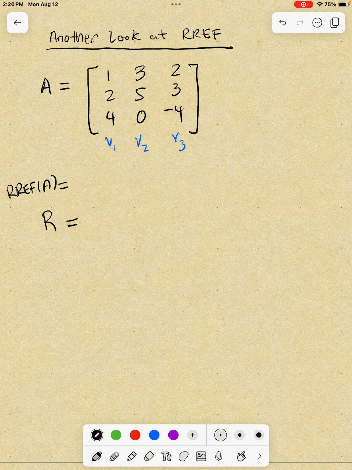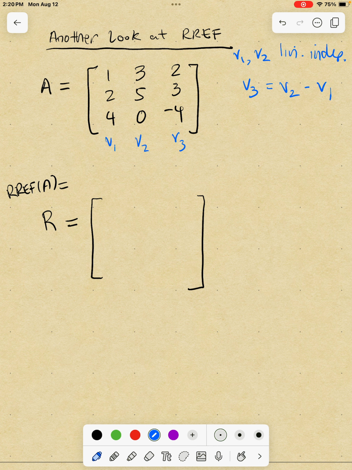Let's call that R. One thing I notice about V1, V2, and V3 is that V1 and V2 are linearly independent, and V3 is actually V2 minus V1.